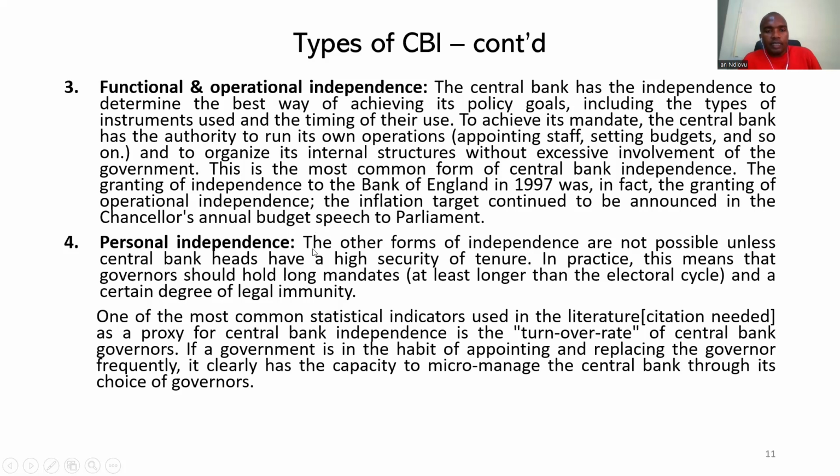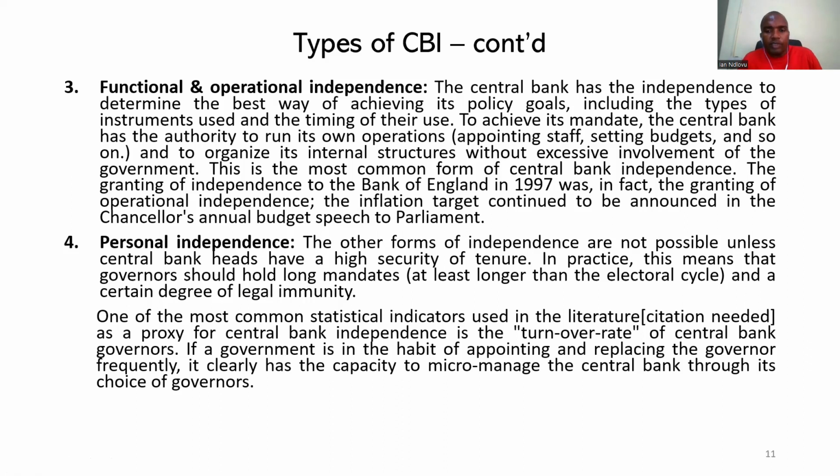And then there is personal independence. The other forms of independence are not possible unless the central bank has a high security of tenure. In practice, this means that the governors should hold long mandates, at least longer than the electoral cycle, and a certain degree of legal immunity.